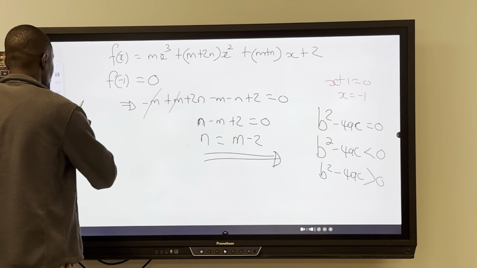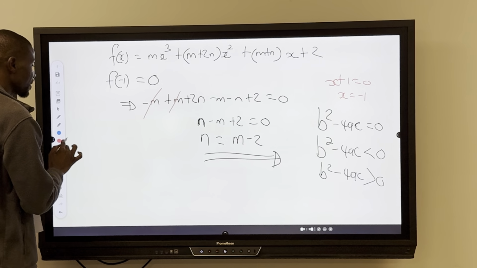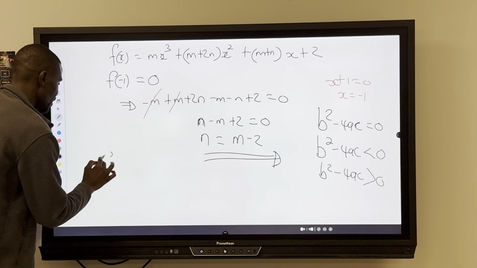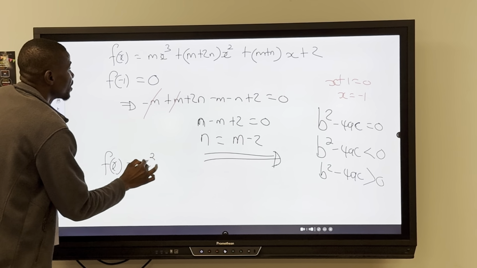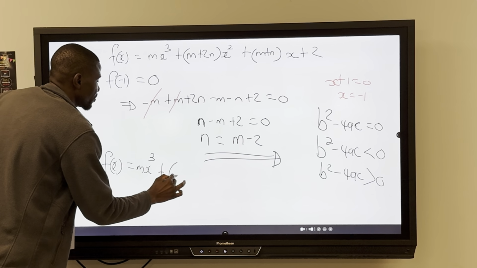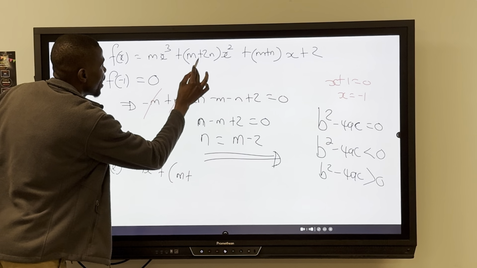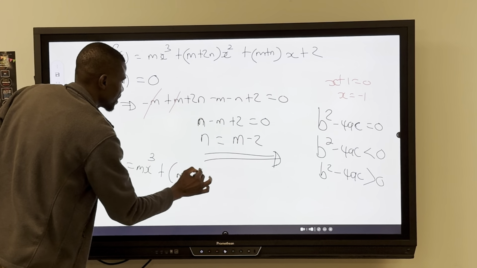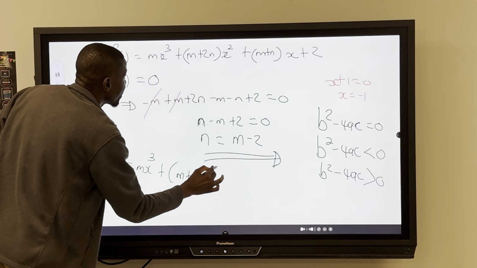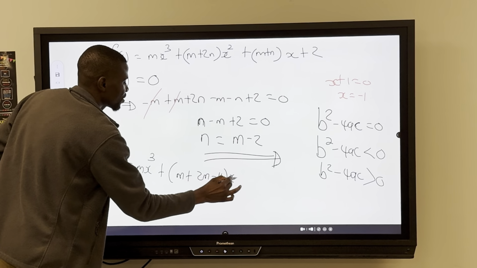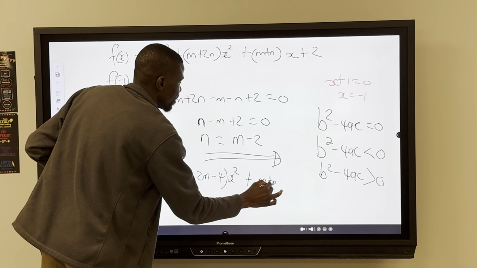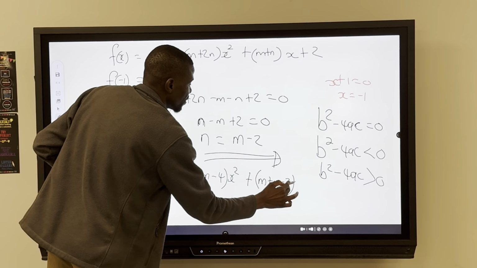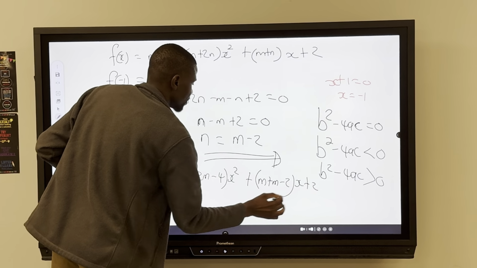So now let's see. First, we need to say f of x. Let's replace n with what n is: m minus 2. So 2 times that, 2m minus 4, x squared, then plus m minus 2, then x plus 2.